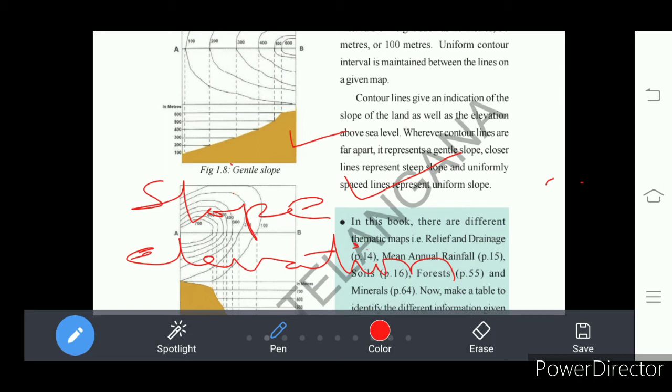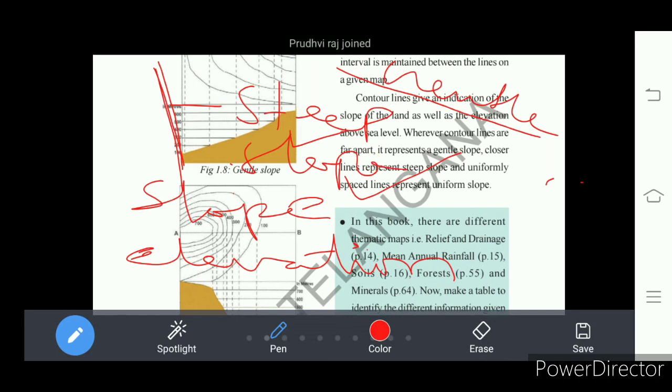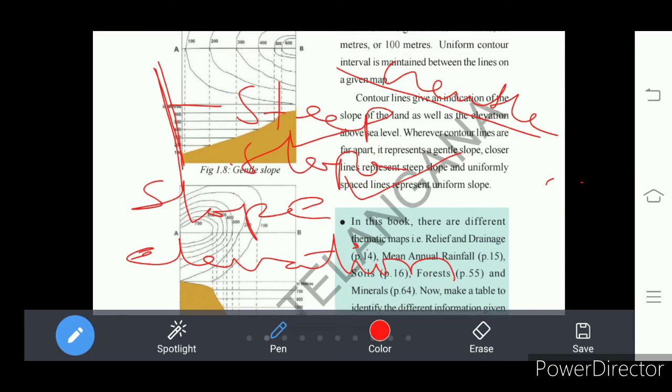Look here, I'm drawing. This is a gentle slope. What is this? Gentle slope. If the slope is like this line, this is called a steep slope. So the slope is indicated using the contour line, and its height also, elevation in the sense of the height of the place.